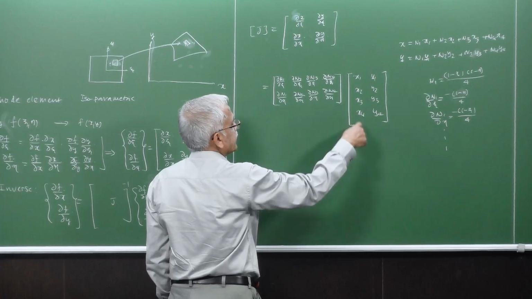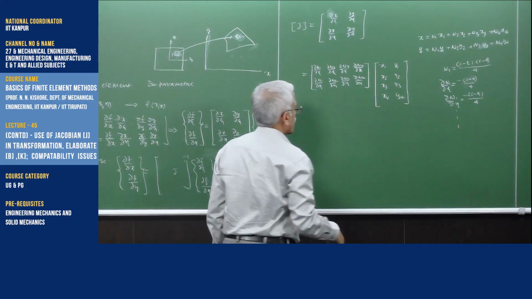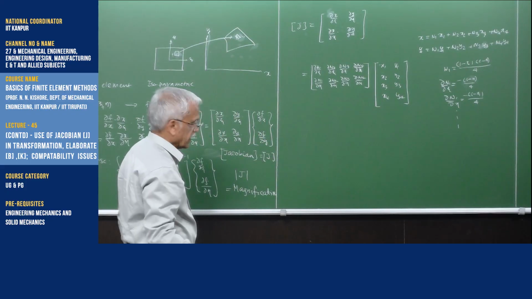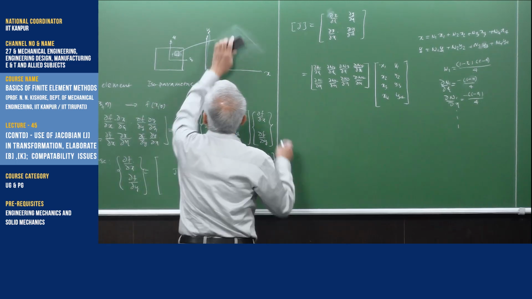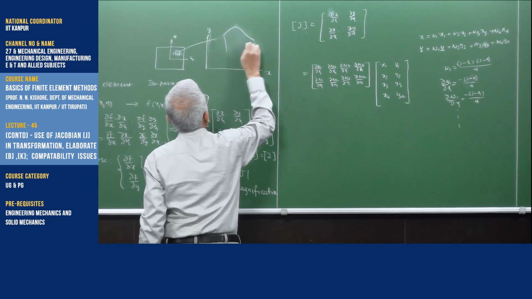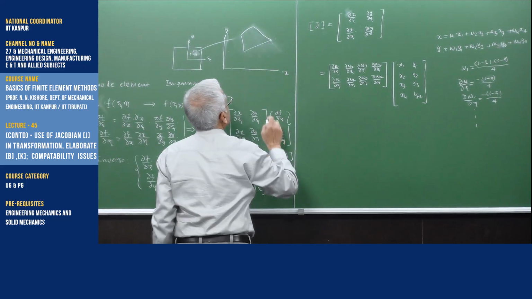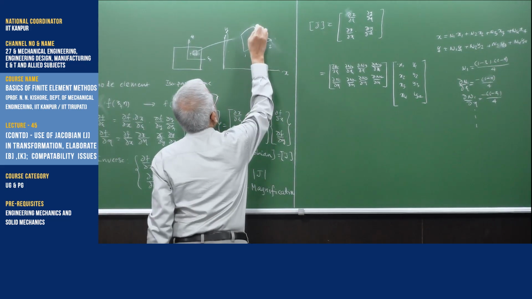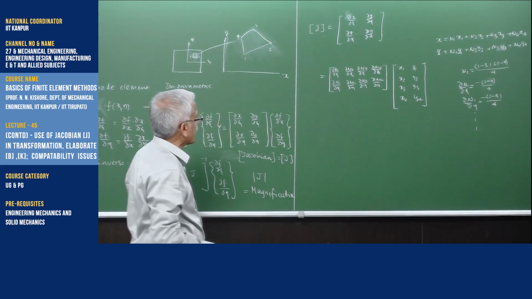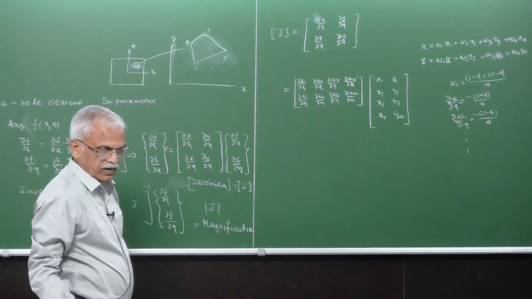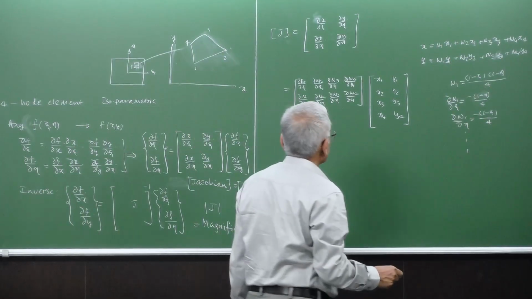And these are the coordinates of the 4-noded quadrilateral. Right now what we are talking about is a quadrilateral like this, but it can be curved shapes also. So what is it that we got now?